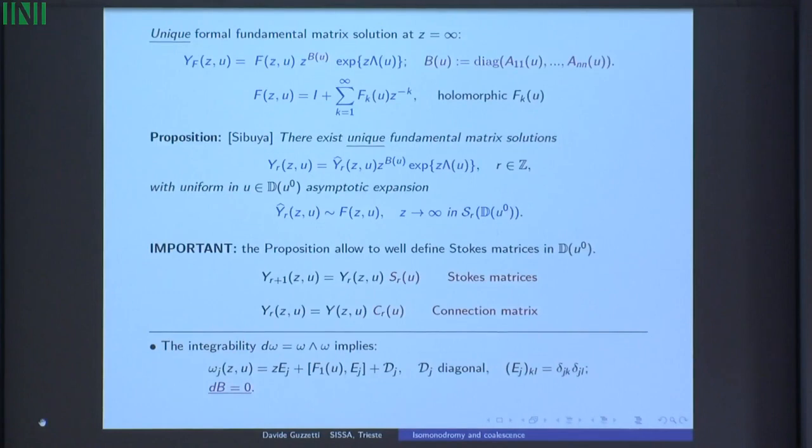This is a formal one which does not converge. The coefficients are holomorphic in u. And then a result due to Shibuya tells you that in any sector introduced before, you have an actual solution with the same structure, and this Y is holomorphic in the sector with asymptotic representation given by this series.